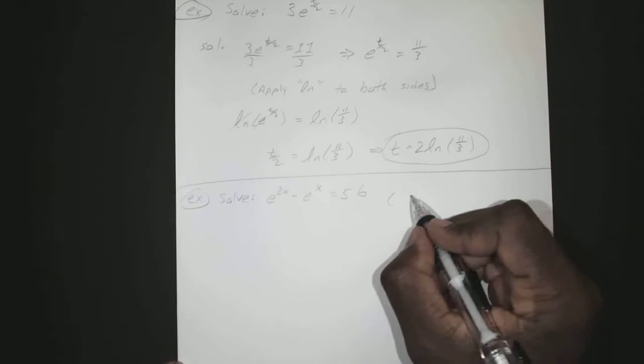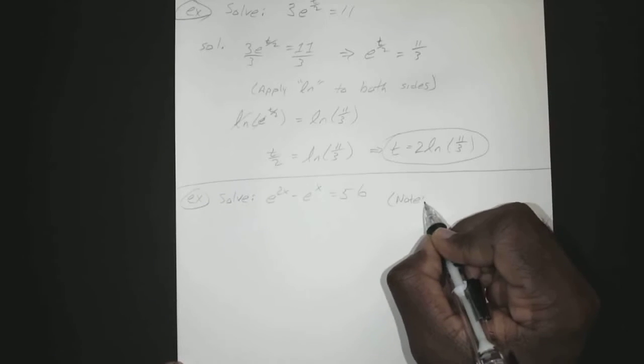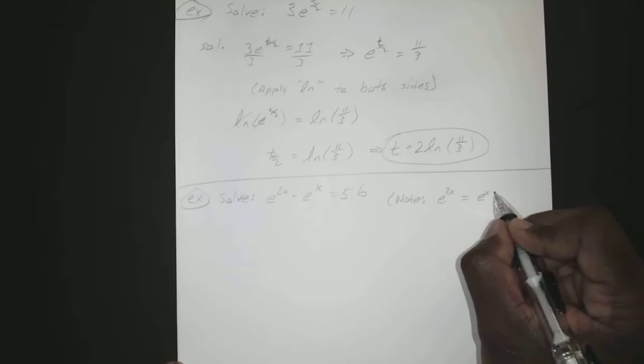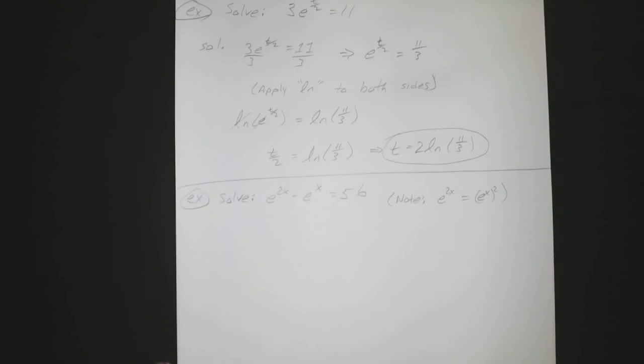Now you want to remember that e to the power of 2x is just equal to e to the power of x, squared.